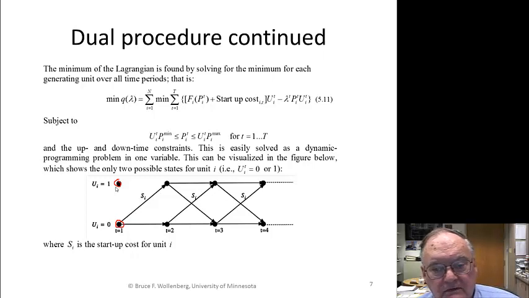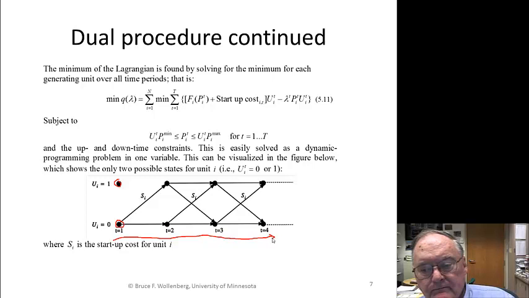The two states now have to be optimized. I have a state at time t equals 1, t equals 2, t equals 3, etc. So it goes over all of my time steps. If the unit is operating, then I have to minimize this function up here. If it goes from 0 up to 1, then I incur the startup cost.